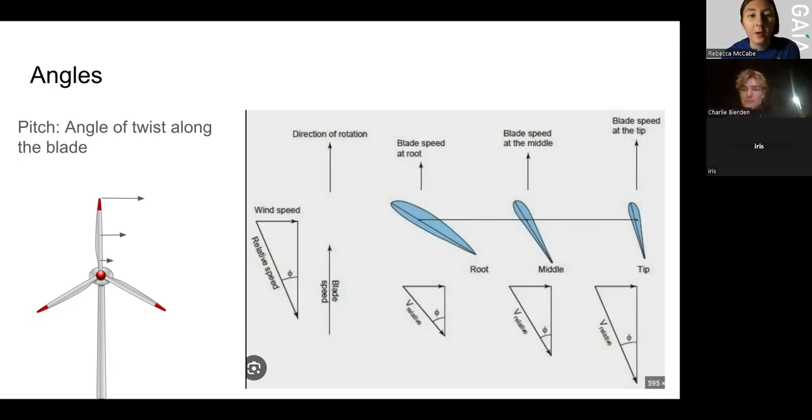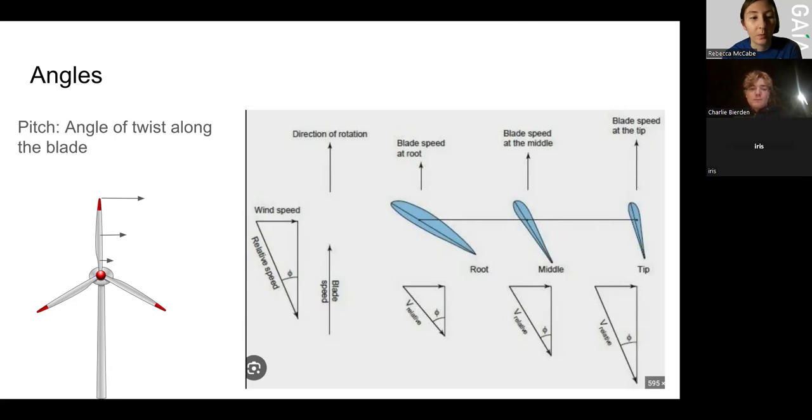Yeah, I think it is. And maybe what you were thinking of that might have been interpreted as a force was those arrows on the picture. Those arrows are representing the velocity, the magnitude of the velocity vector at different spots along the blade.